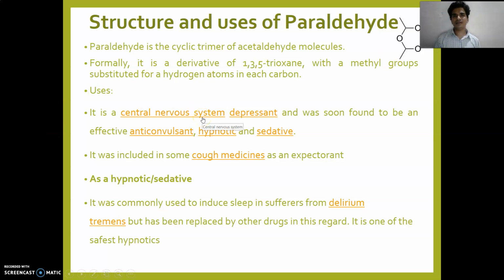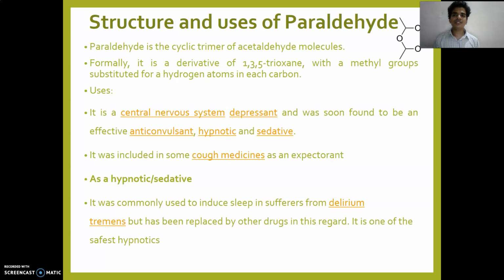Uses of paraldehyde: it is a central nervous system depressant. It was soon found to be an effective anticonvulsant, hypnotic and sedative, so these are used in some brain disorders.